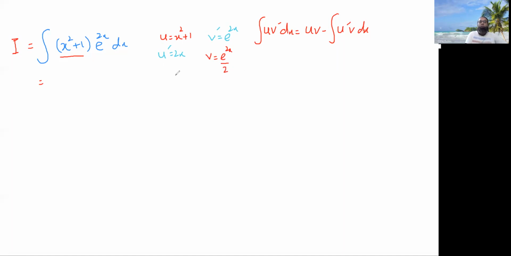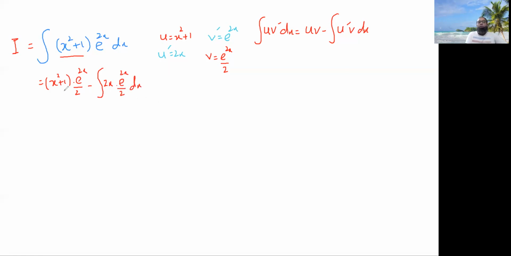Okay, now let's put these values here. So u is going to be coming as it is, x squared plus 1, and then the integral of this v dash, that is e raised to power 2x over 2, minus, now I have to write the u dash over here, which is going to be 2x times this e raised to power 2x over 2.